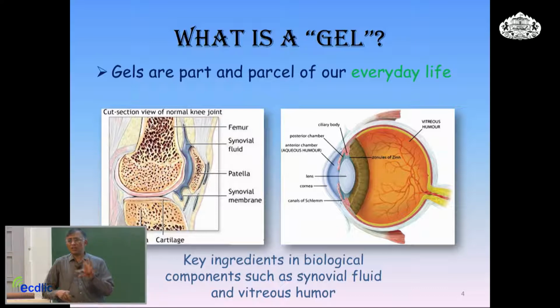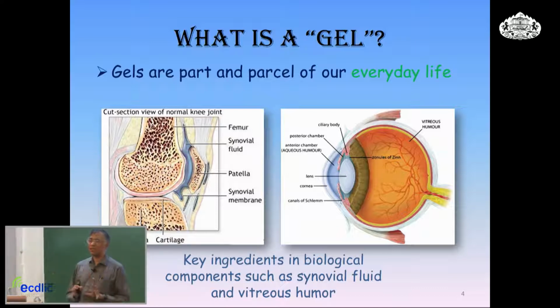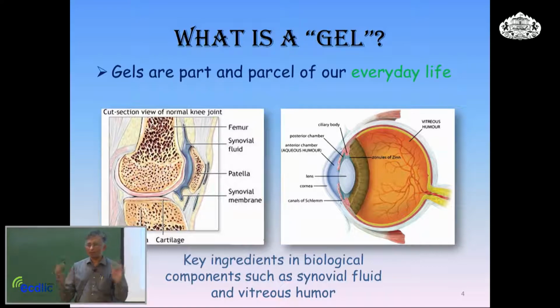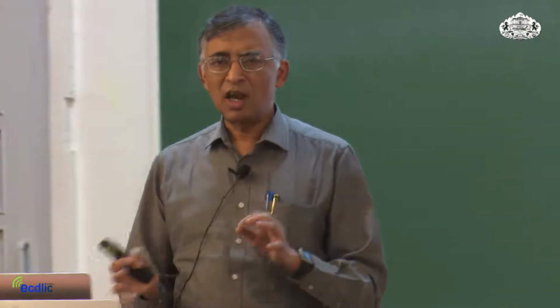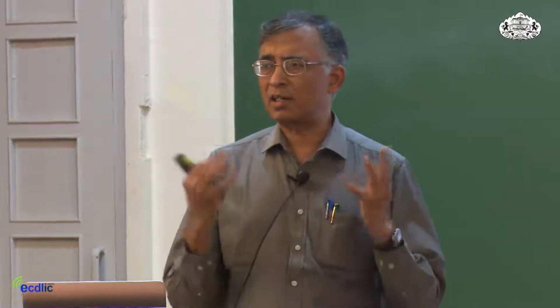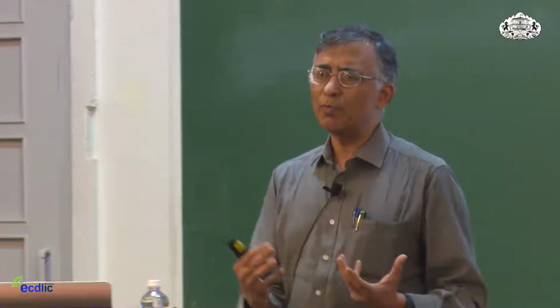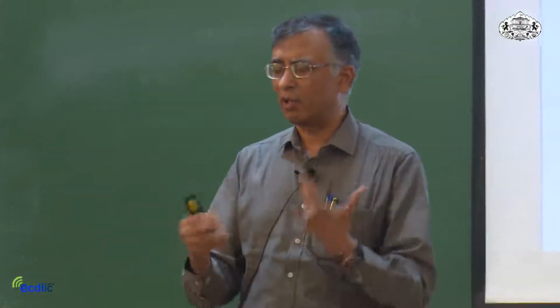In biology or in cosmetics, most of the gels which we deal with are made from polymers. In the biological system, these are largely proteins, and in synthetic materials such as shaving gels or a toothpaste, these are largely synthetic polymers.